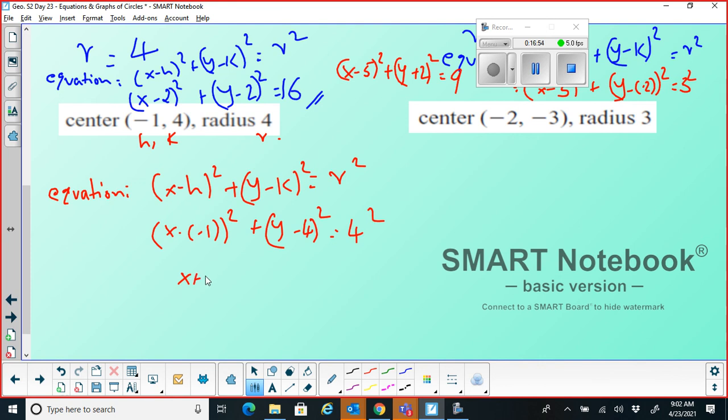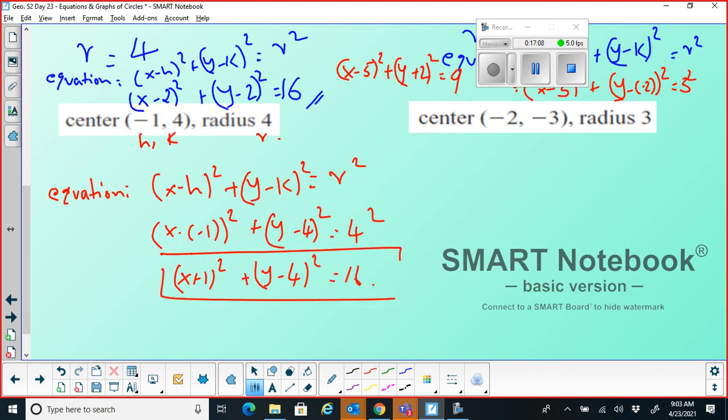So that gives us x plus 1 whole square plus y minus 4 whole square equals 16. Okay. Please write the answer for the next one. I'll give you 30 seconds, then we will go over the solution.